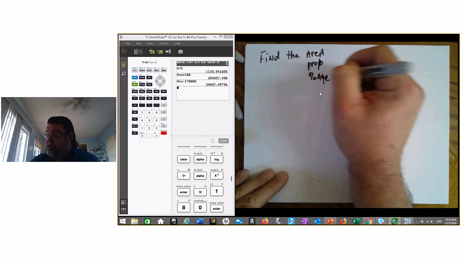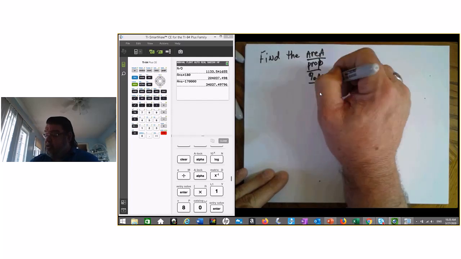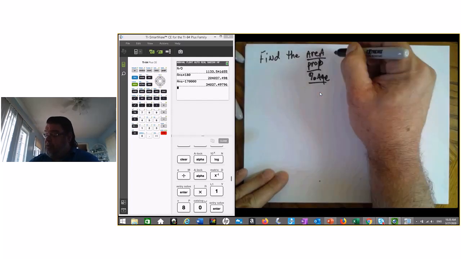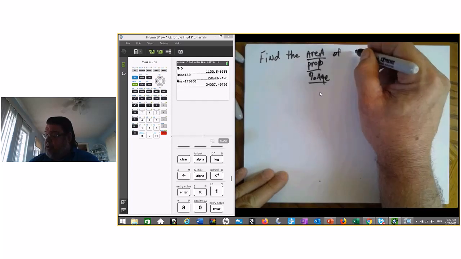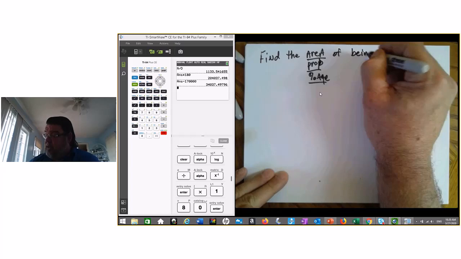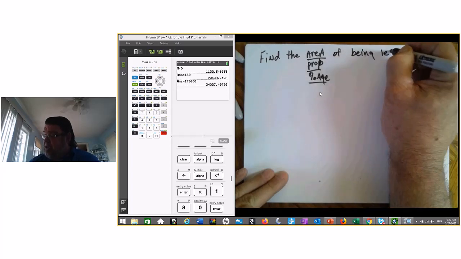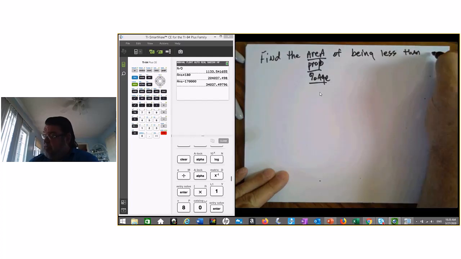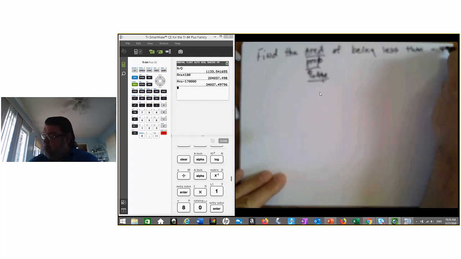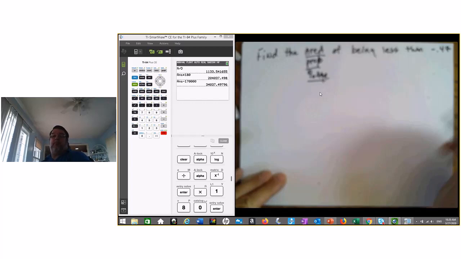Those are the three things that you could put in this direction of being less than negative 0.47. Okay?